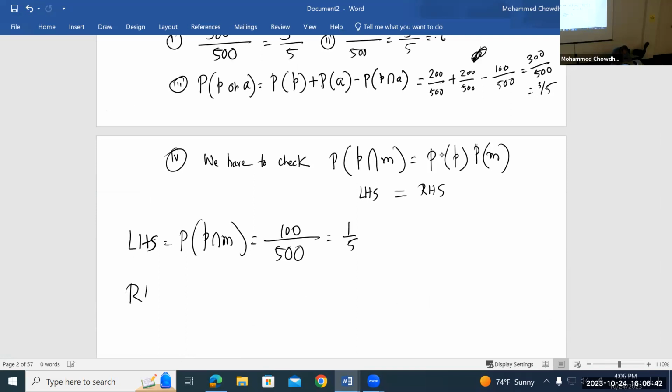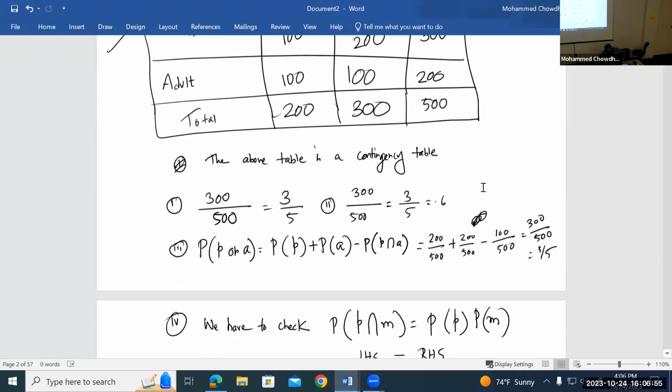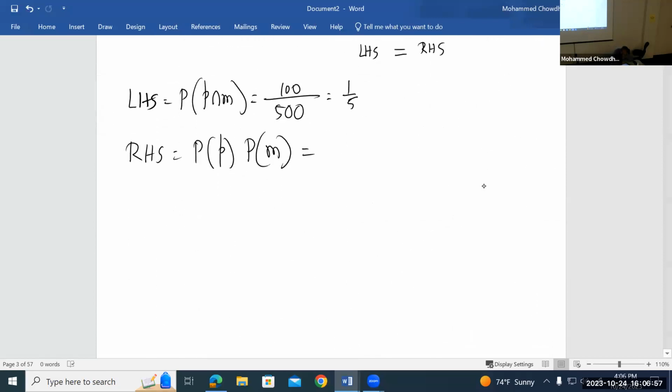Now right hand side, which is equal to probability of player times probability of minor. Now probability of player, 200, probability of minor 300. So this is 200 over 500. This is 300 over 500.